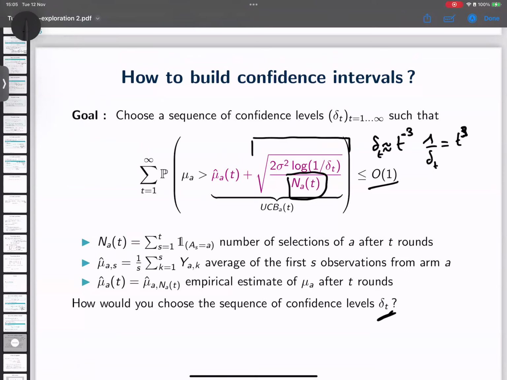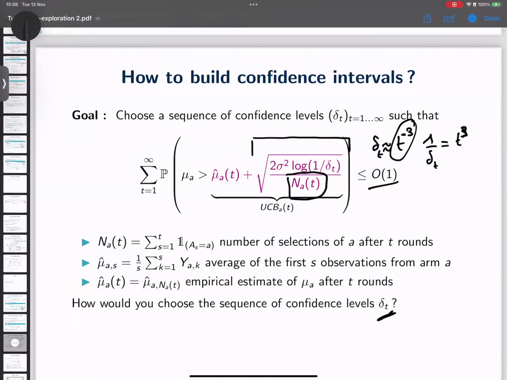And this probability, you see, essentially it's very small. The probability of making an error is very small. And this is why I want the sum of this series to converge. I want the sum of the probabilities to be finite.